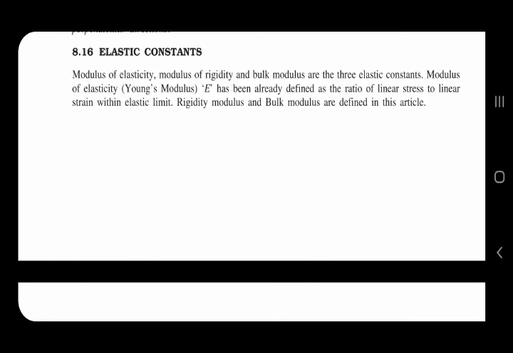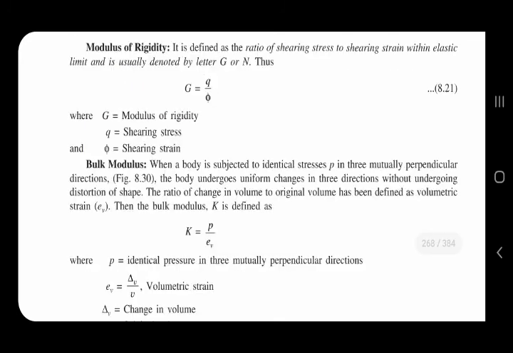Now, the next topic is elastic constants. For elastic bodies, the ratio of stress to strain is a constant and it is known as the Young's modulus of elasticity. Similarly, we have the modulus of rigidity and the bulk modulus; these are the three elastic constants.